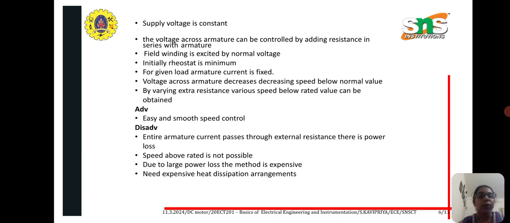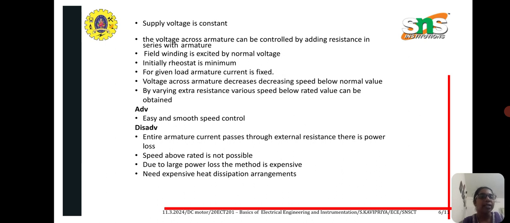The field winding is excited by the normal voltage. Initially the rheostat is at minimum. For a given load, the armature current is fixed. Voltage across the armature decreases, decreasing the speed below the normal value. By varying the extra resistance, speed below the rated value can be obtained.